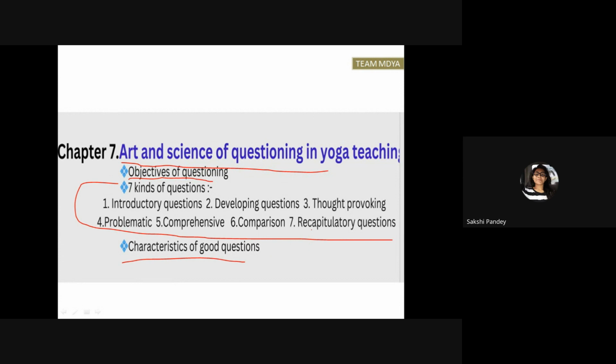Ma'am, I think if the teacher is asking a question before explaining, then maybe he or she wants to know how the intellect of the student is related to that particular topic. And if the teacher is asking after explaining, then maybe she wants to know whether they are getting what they are teaching or not.